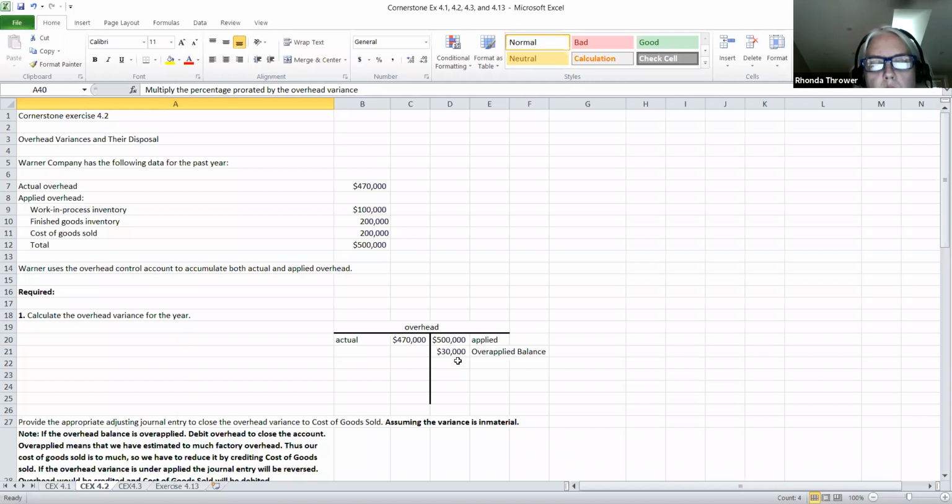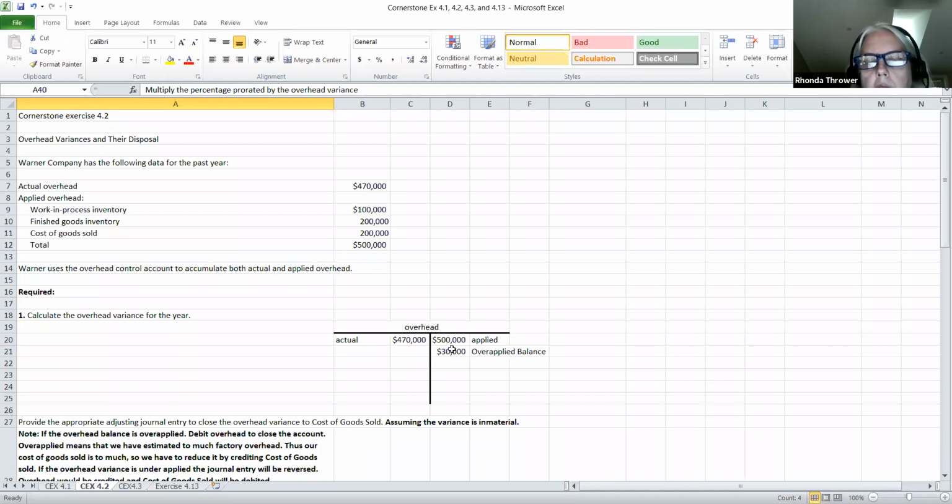Now we need to get rid of that over-applied balance. So at the end of the period, we want to close out our overhead account. And to close it out, we're going to reduce this account to 0. But first of all, you need to know whether this balance is considered to be material or not.